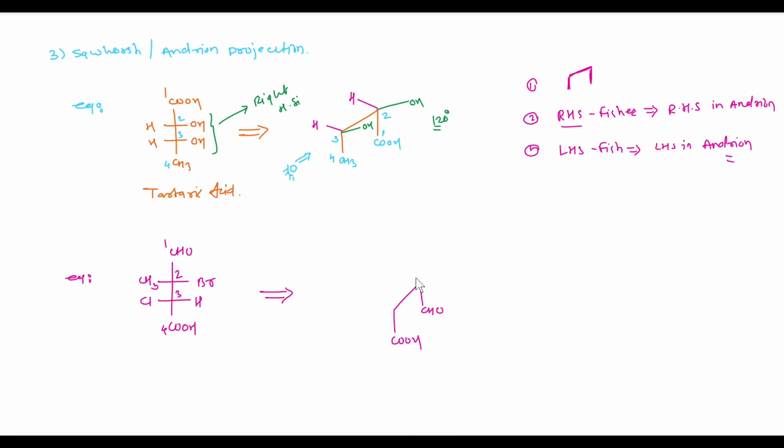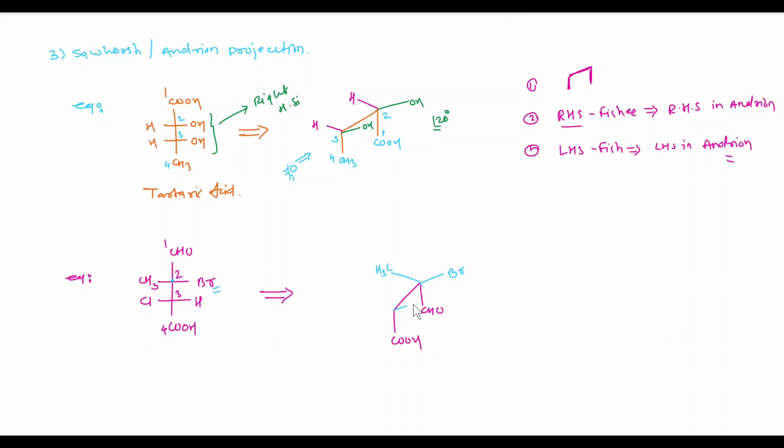Next, we have to write the substituents on the second chiral carbon. This is the second chiral carbon, and the substituent which is on the right hand side in the Fischer projection formula, we have to write on the right hand side in the Sawhorse formula. Similarly, the substituent on the left hand side, we have to write on the left hand side in the Sawhorse formula.